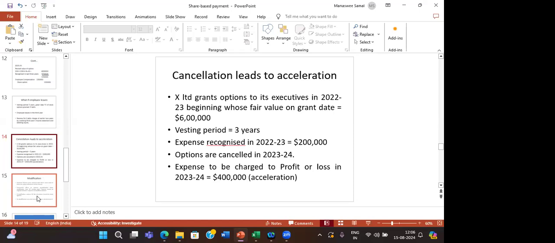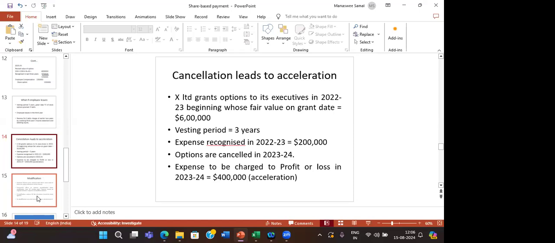Then let us assume that on grant the fair value of the options I've given to my employees is 6 lakh US dollars, and the vesting period is 3 years. So expense recognized in 2022-23, the first year, is 2 lakh, one third of 6 lakhs. Sorry, not rupees, US dollars.